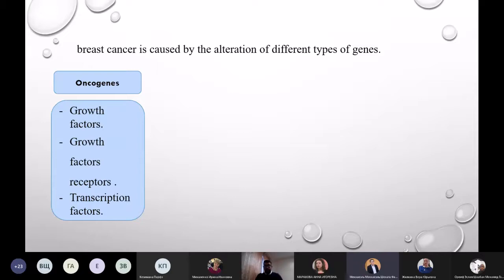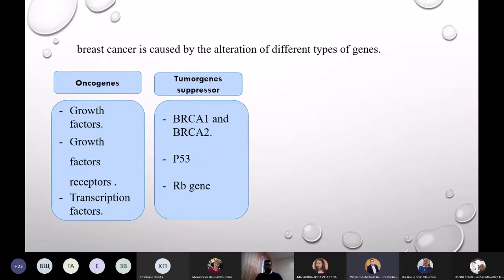Tumor suppressor genes like BRCA1 and 2 are the most implicated in hereditary breast cancer. P53 is mutated in almost all cancers and can be associated with hereditary breast cancer in the case of Li-Fraumeni syndrome.